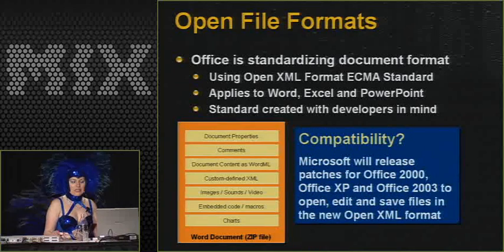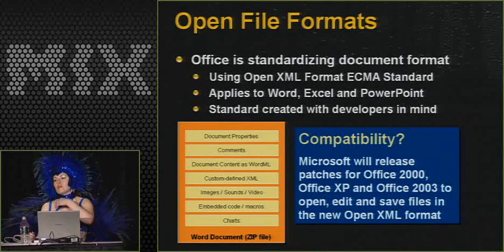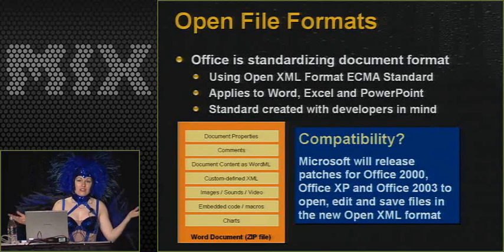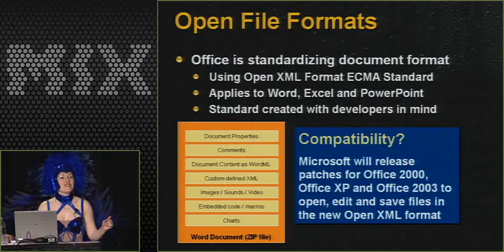Now, what about compatibility? At the beginning of my talk, I mentioned that the idea is you want to target the 400,000 users of Office. But hey, this version is Office 2007. There are 0 users of Office 2007 right now.